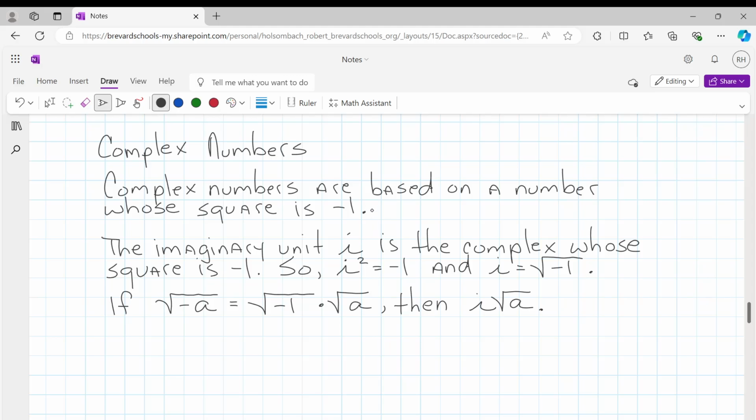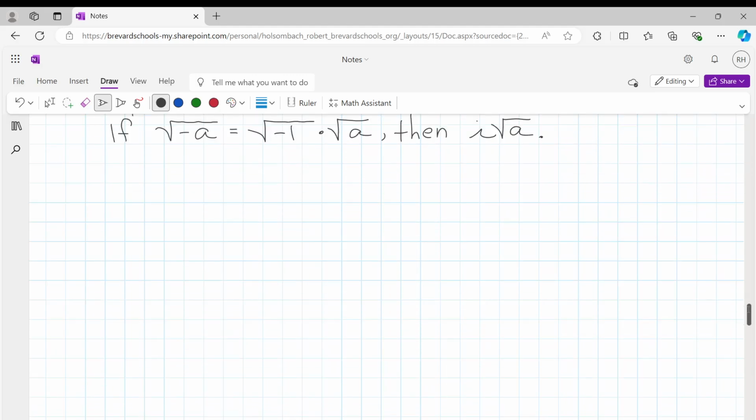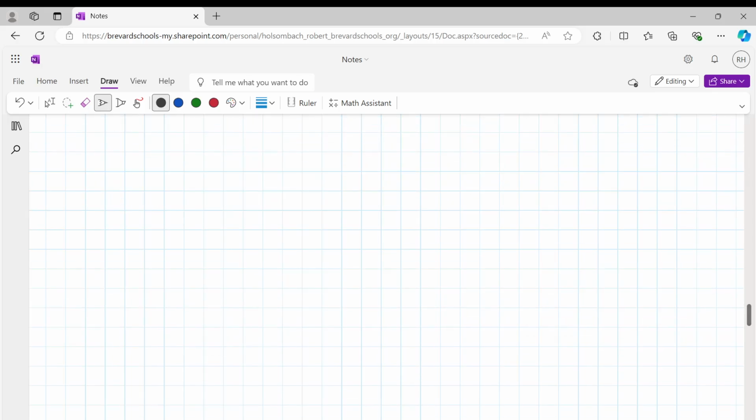Okay, so the way that this works and the way that you'll use it today is you'll be asked to simplify using i.